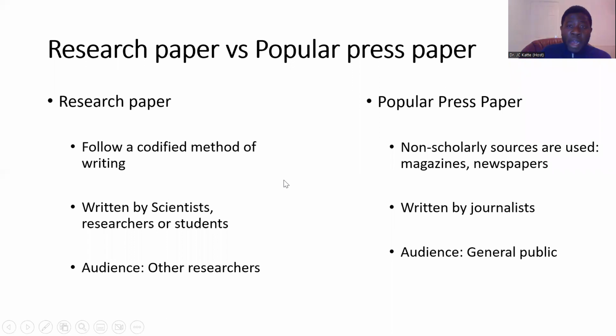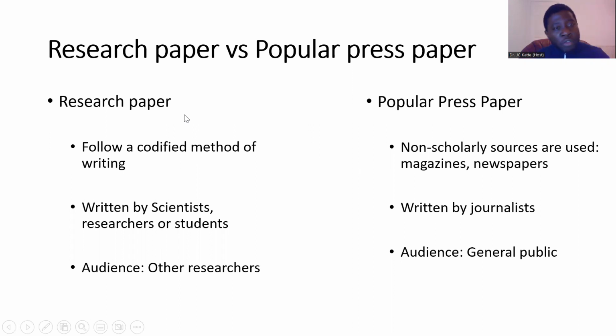And so, as I mentioned a while ago, research papers in scholarly journals are quite different from what we see in popular press, although we know that certain scientific outputs can be released in popular press. Many scientists now do what we call a press release after a particular important finding.